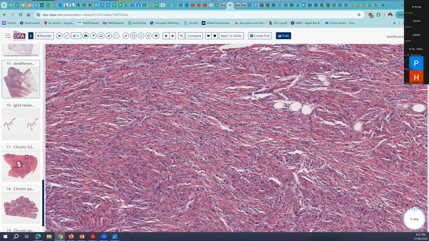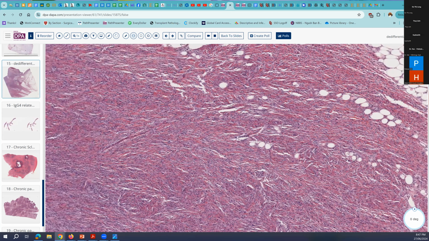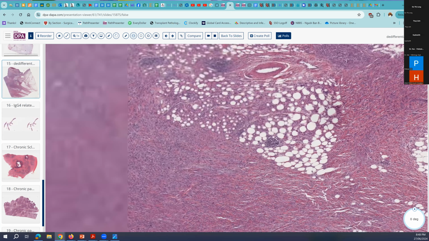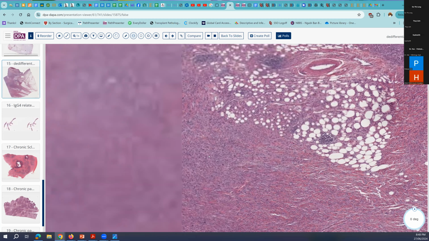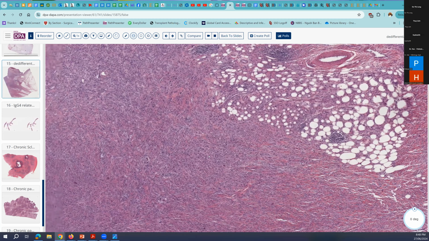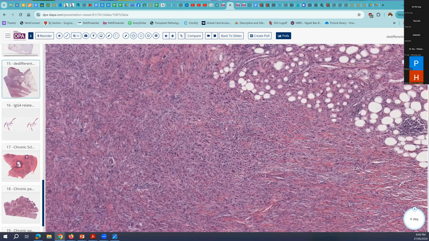In addition, this tumor showed areas of more dense cellularity. Here we see very high cellularity. So this is high-grade undifferentiated pleomorphic sarcoma.